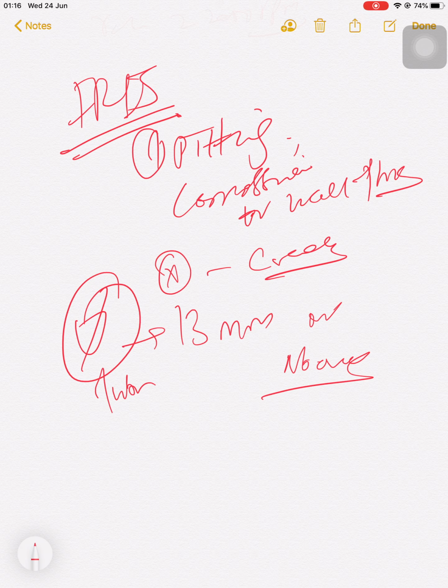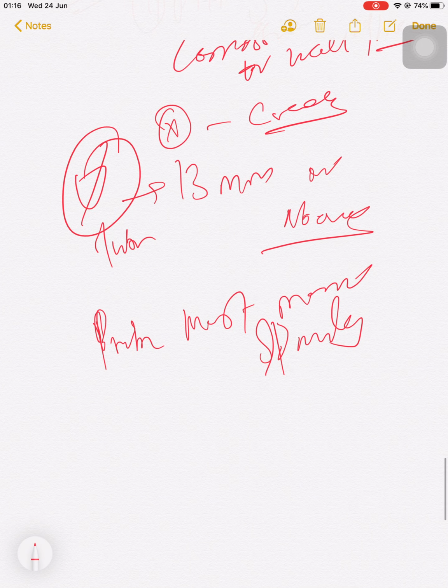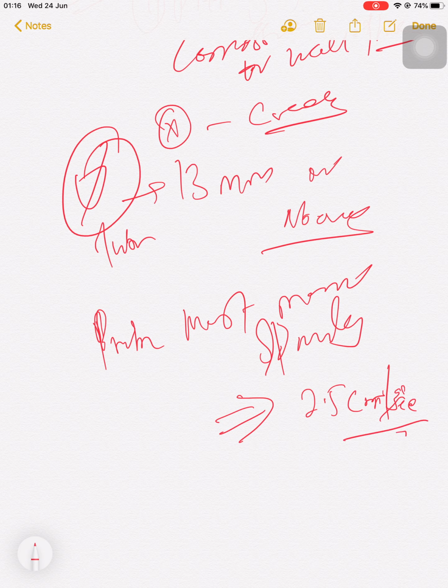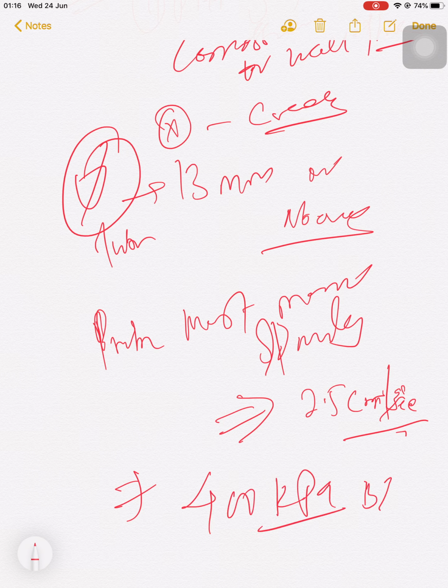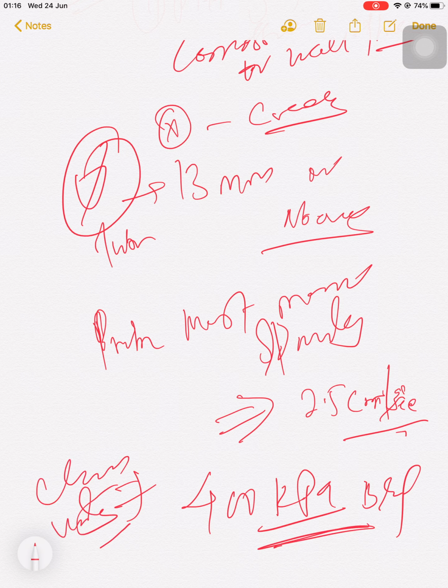For an accurate result, the probe must move slowly, 2.5 centimeters per second. A minimum supply of clean water is required.